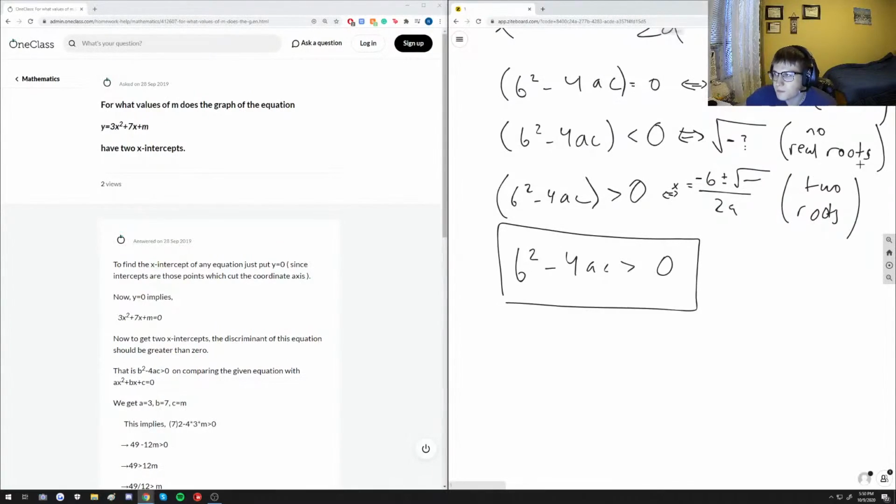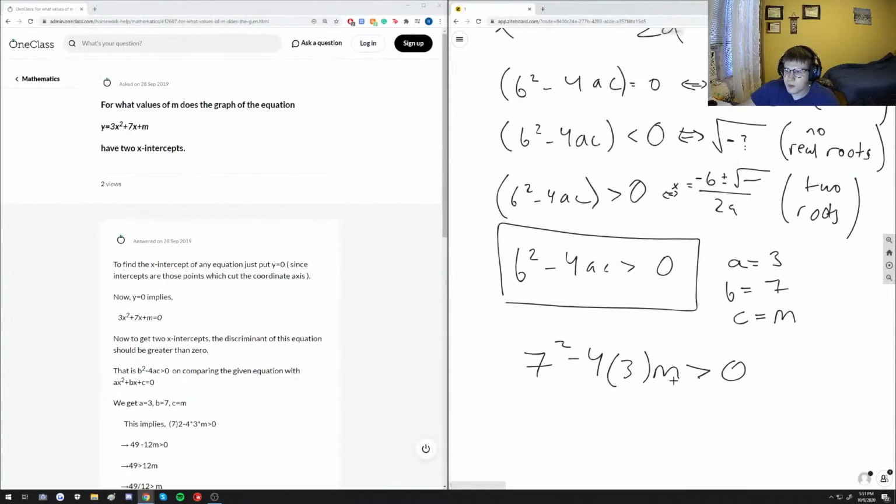So going back to our quadratic equation, we have to define what a, b, and c are. In this case, a is 3, b is 7, and c is m. Plugging these into this inequality, we get 7 squared minus 4 times 3m is greater than 0.